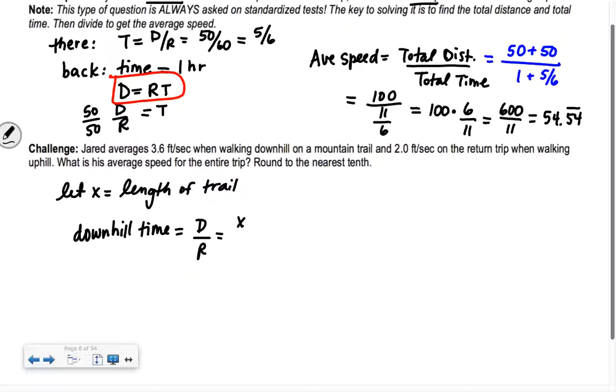He went a distance of x, and he went a rate of 3.6 feet per second. But his uphill time, he's going slower, right? It makes sense that he would go slower. Its distance divided by rate is still the length of the trail x, and now he's going a little bit slower, 2.0.